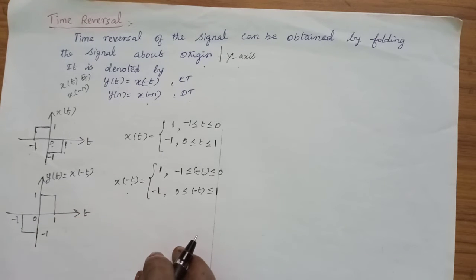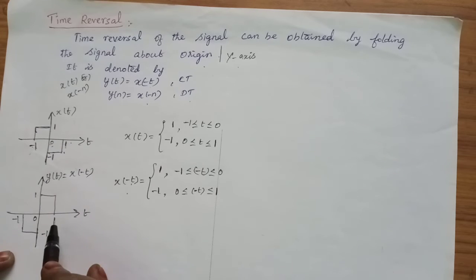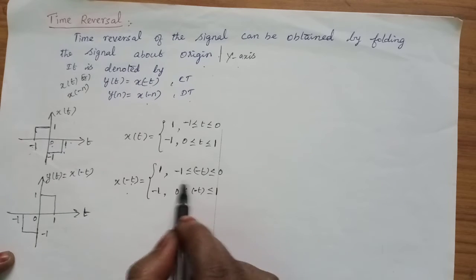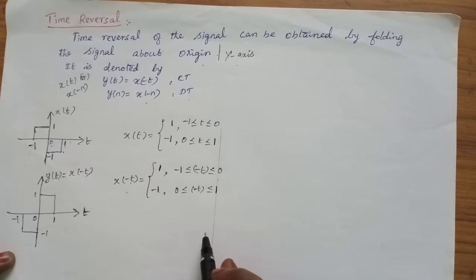But in the practical case, we need to plot the signal for the axis t, not for minus t. That is, in the graphical representation we are plotting for t, not for minus t. So we should convert the limits to t.